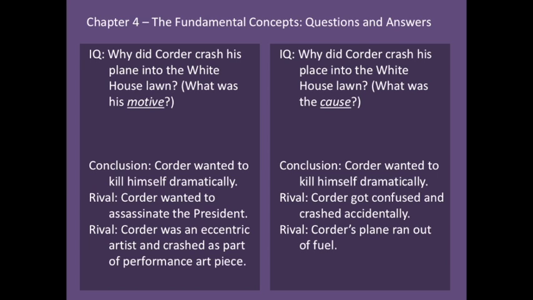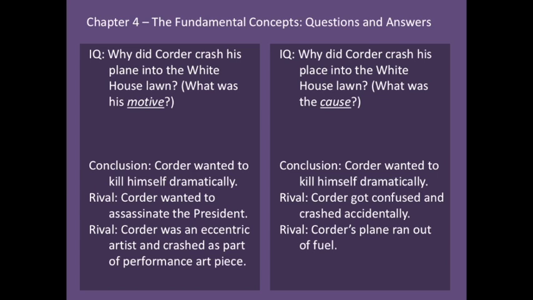The investigators were trying to figure out why Corder intentionally crashed his plane into the White House lawn. That means the left-hand set of rivals is a better interpretation of the argument, a better set of rivals for fitting this article than the right-hand set.